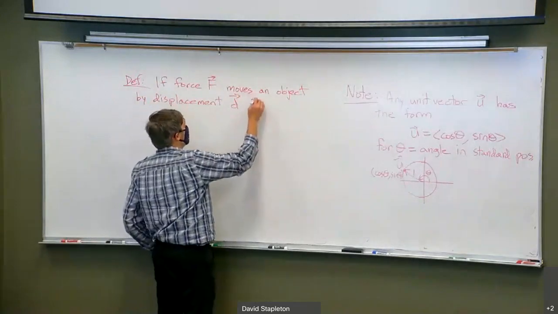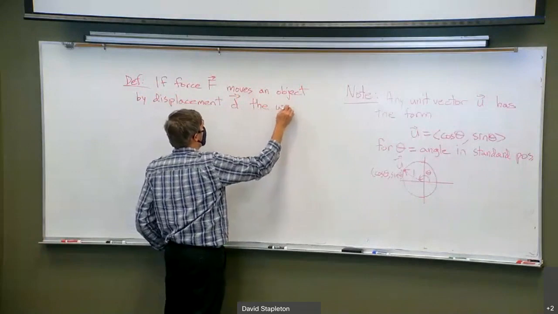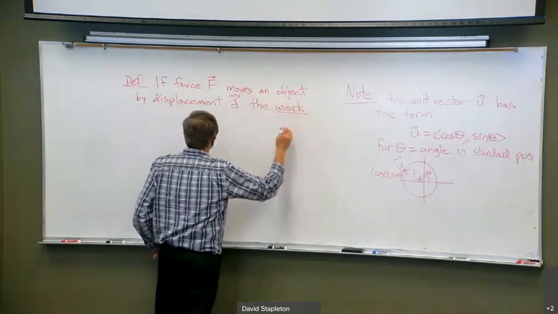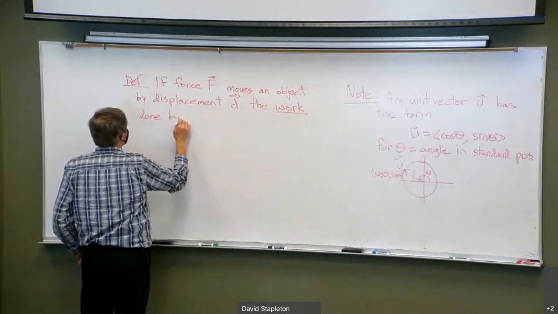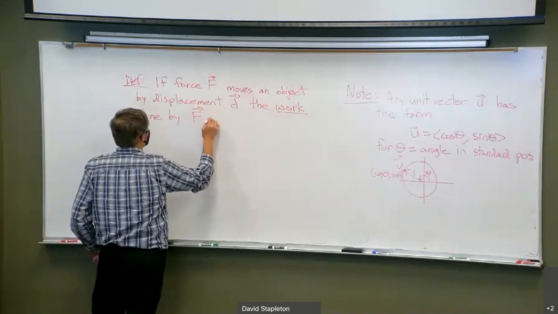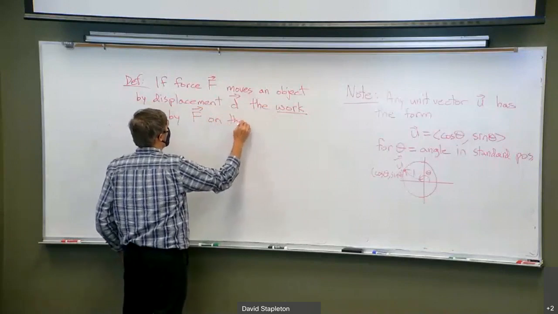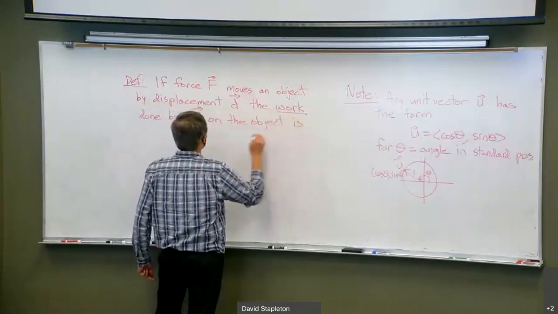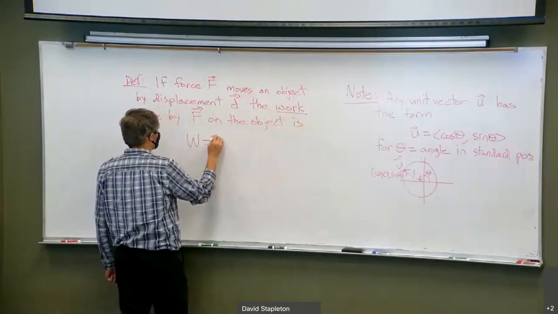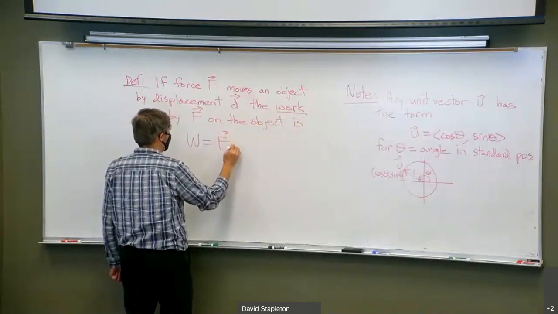Then the work done, finding work, by the force F on the object is W, work, equals F dot d.